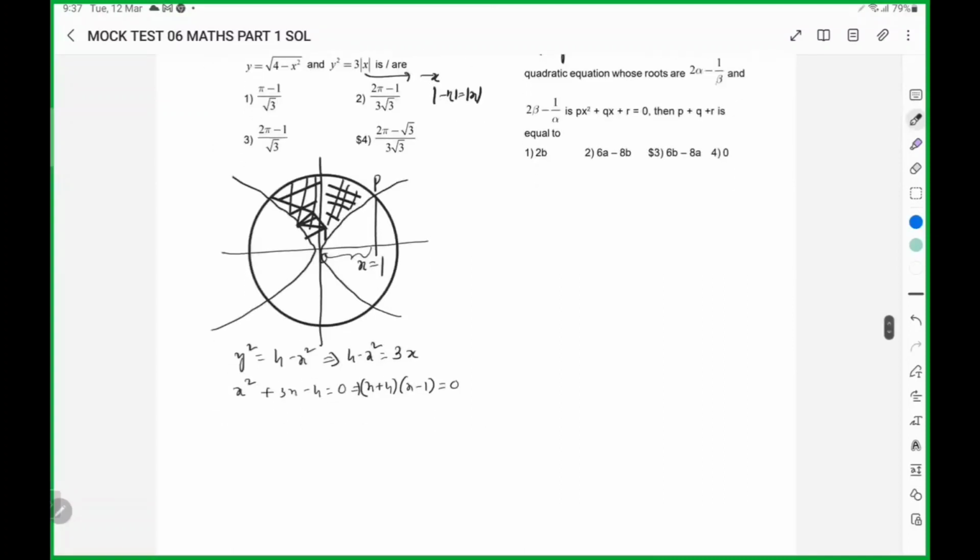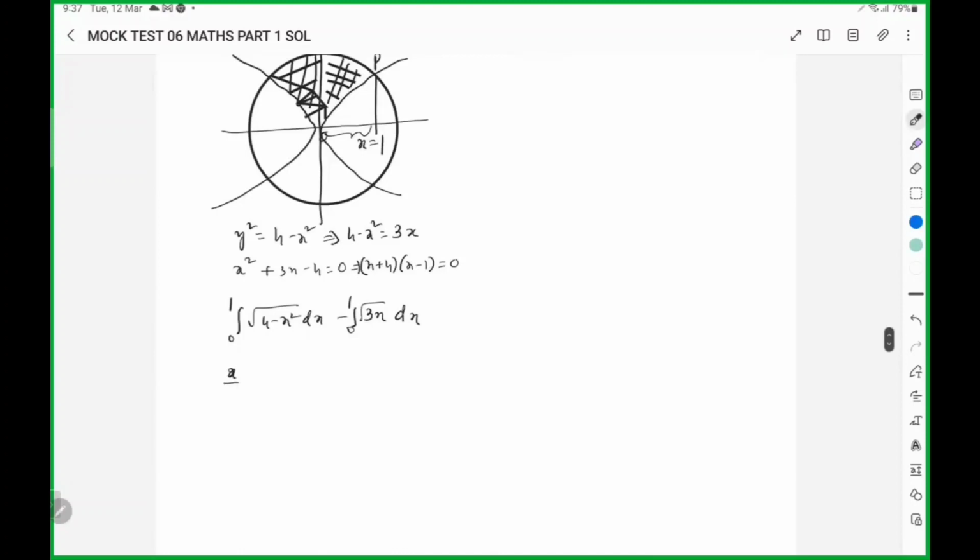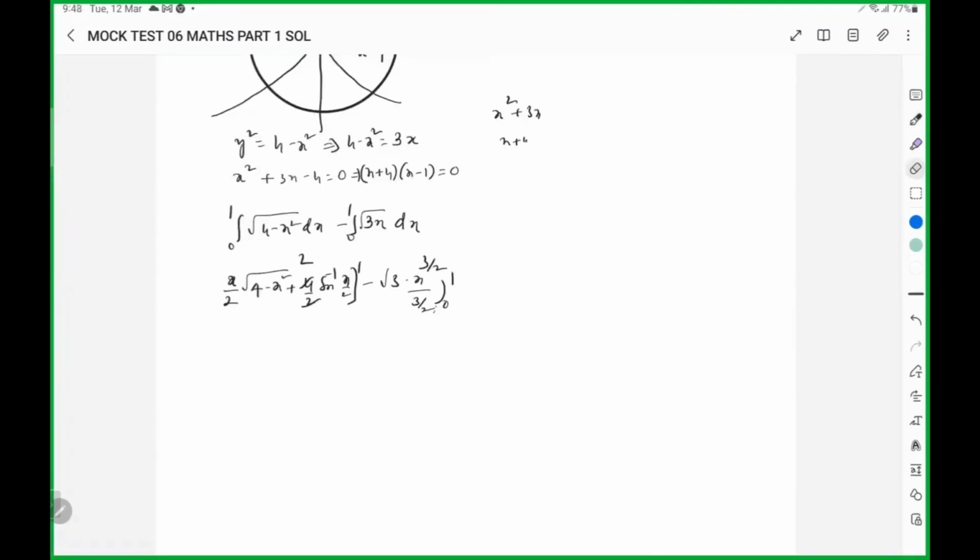So now this area will be 0 to 1 minus root of 3x dx. X by 2 under root 4 minus x square, a square by 2 sin inverse x by 2. Here x power 3 by 2 between. Here we are substituting the upper limit, root 3 by 2 plus minus 0.